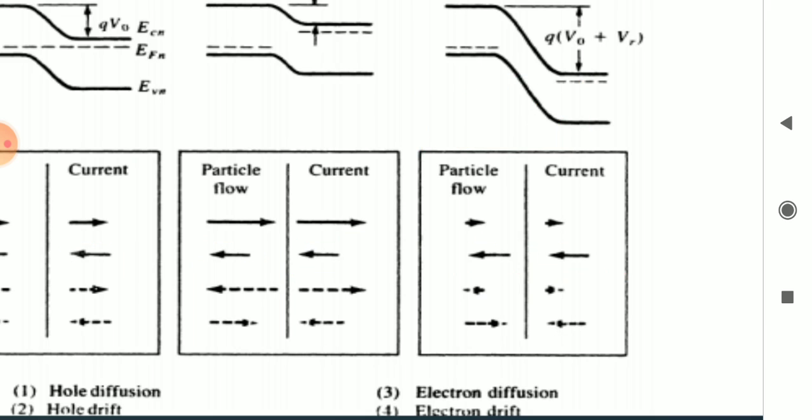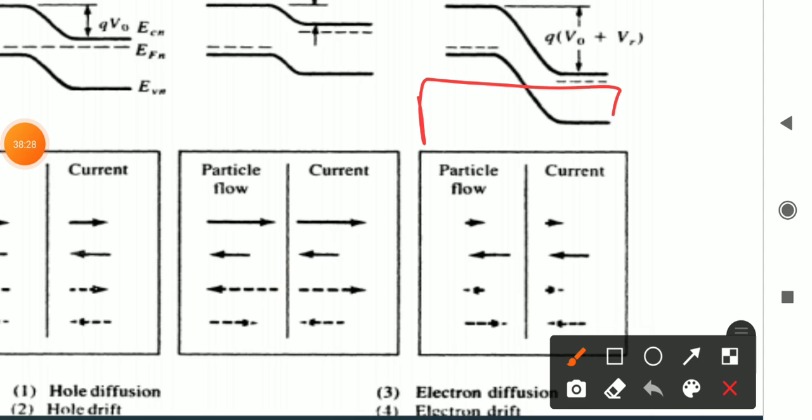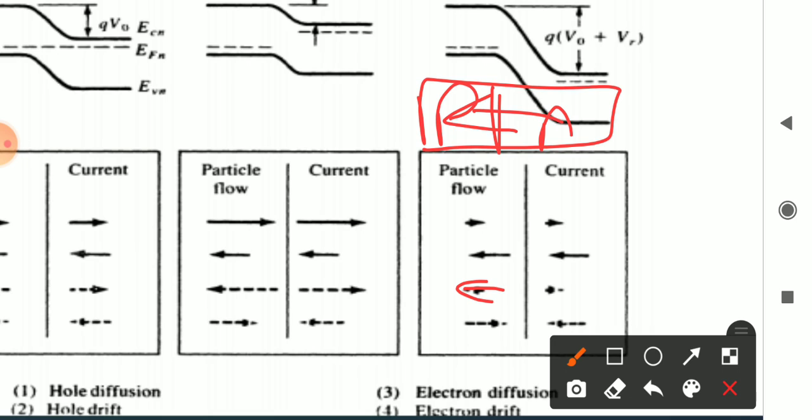The third one is electron diffusion. So the electron diffusion is from N to P. That is dotted line, it is indicated. Now electron drift is exactly opposite to this one.